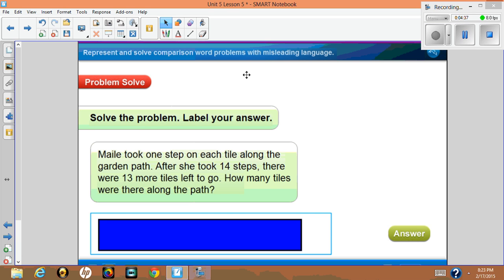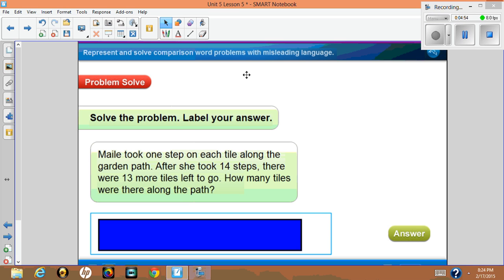So if we look at this, the question is how many tiles were along the path? Maylee took 14 steps. It looks like she had 13 more tiles to take steps on.